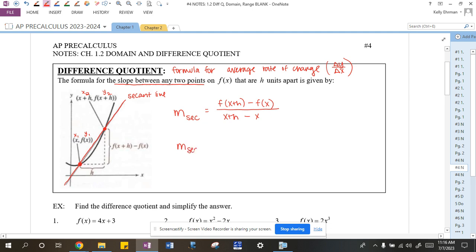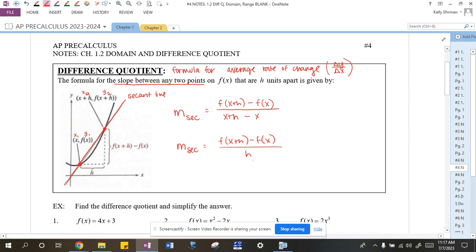Simplify that a bit. F of x plus h minus f of x, that's the difference in the y values. And then this x minus x is going to cancel out. You're just going to get divided by h. So this gives us a formula for the slope between any 2 points on f of x.